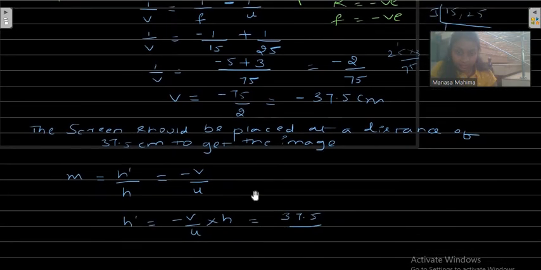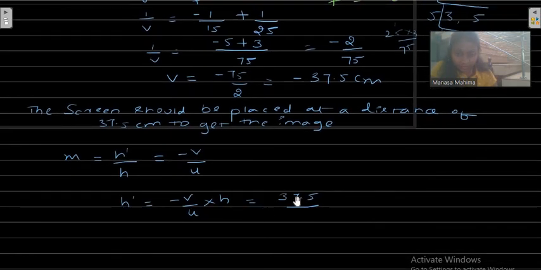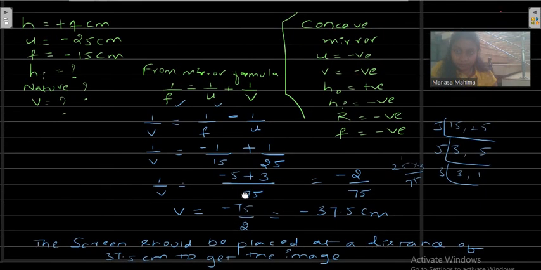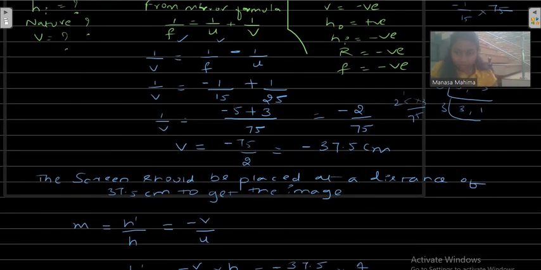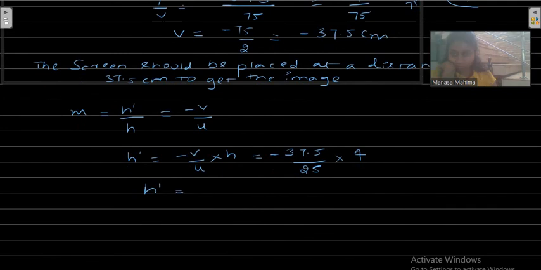U is negative. Again you will get the negative sign. So it is 25 centimeter into 4, I think. Is it correct? 4. Yes, with a positive sign. So if you solve, what will be the value? Minus 6.0 centimeters you will get.